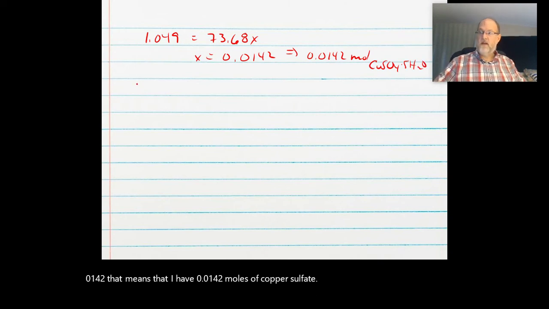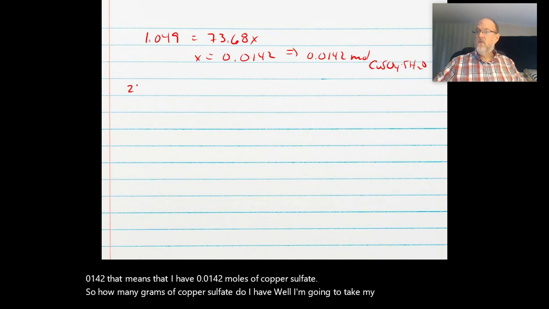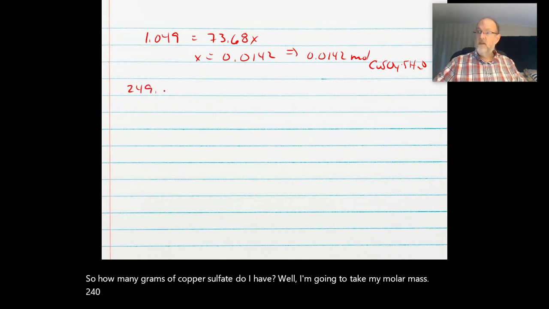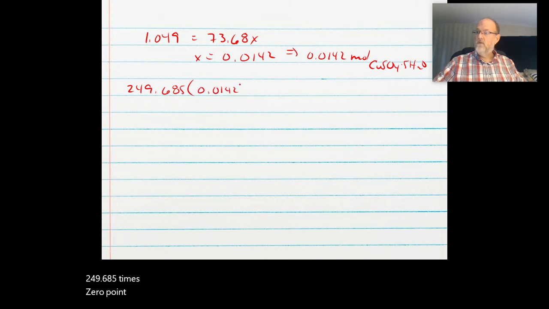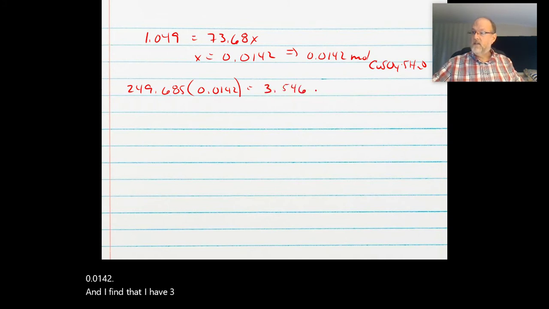So how many grams of copper sulfate do I have? Well, I'm going to take my molar mass, 249.685 times 0.0142, and I find that I have 3.546 grams of copper sulfate in my original sample.